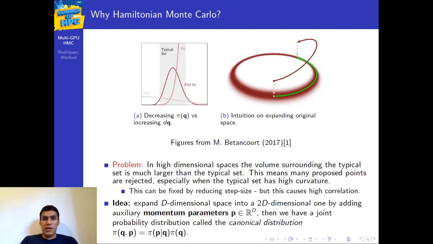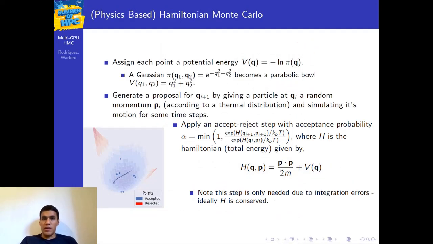So now we talk about Hamiltonian Monte Carlo, or HMC, and for this, let's imagine we are given a particle, and this particle has positions, and we want this particle to move over a potential landscape, and this potential landscape depends on the particle positions. HMC actually expands the parameter space by adding an extra parameter which is called momentum, such that we now have a momentum and position for the particle.